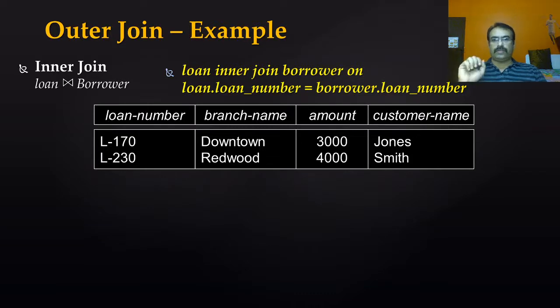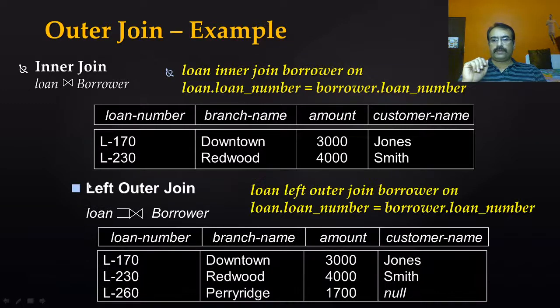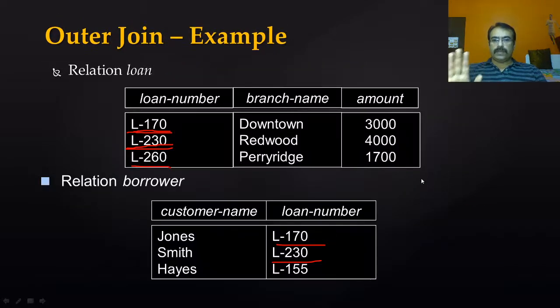See, this is a natural join or an inner join where only common elements are pasted. There are three tuples in loan and three tuples in borrower.